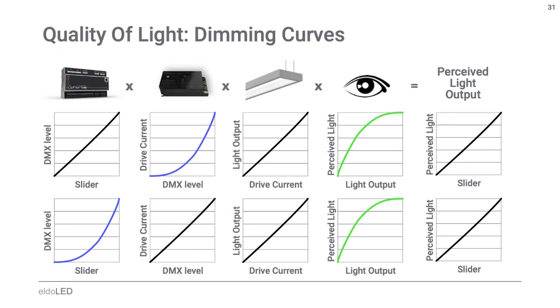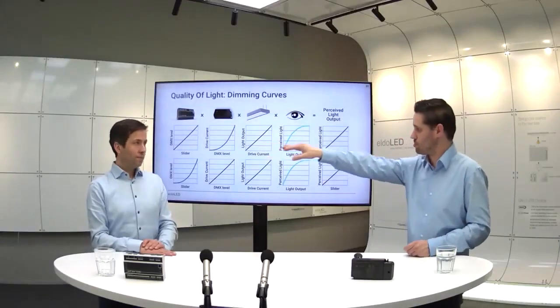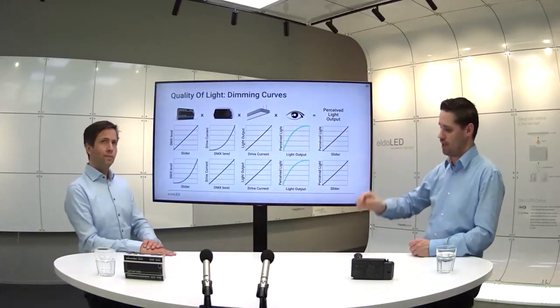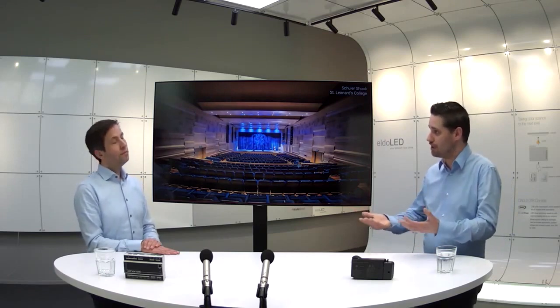And that doesn't necessarily mean 50% of the energy usage, or 50% of the lumens or the flux that we have on the table. It's just to match that perception from a control perspective all the way to the human eye. Exactly. And that's important, especially what you mentioned in the theaters, where you have that perception that when they turn on the lights, you hardly notice the moment that the light turns on.